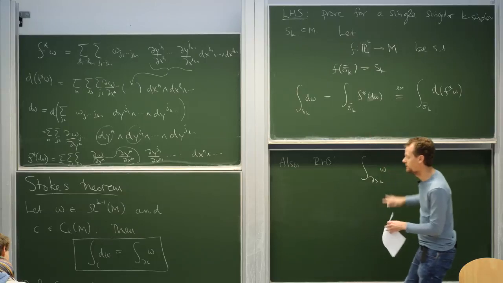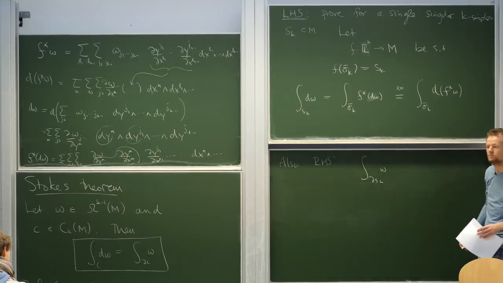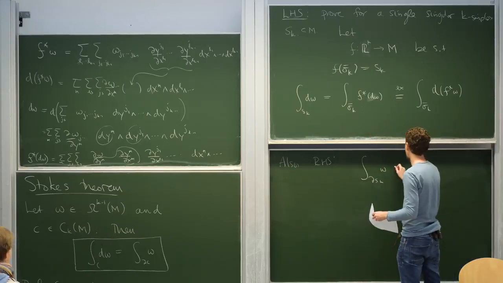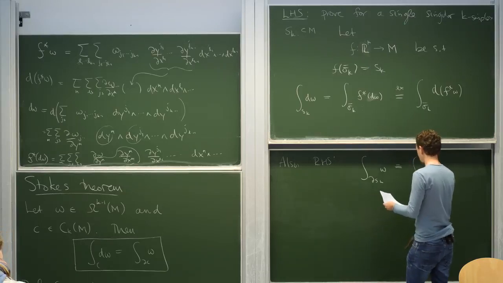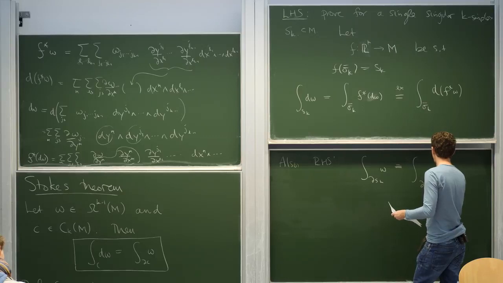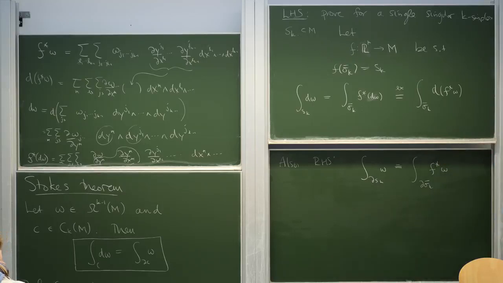What about the integral over the boundary of a k minus 1 form? Well, the definition of that integral is just the pullback integrated over the boundary.